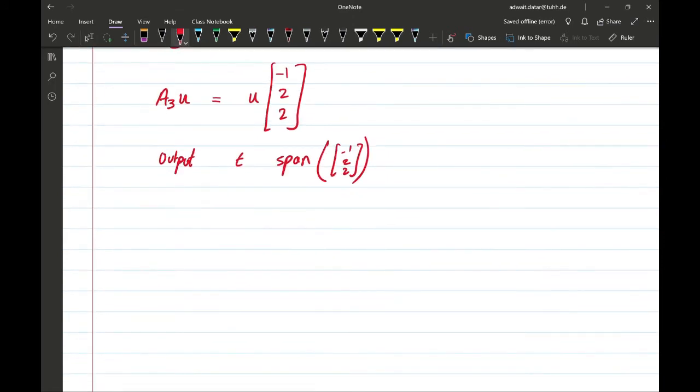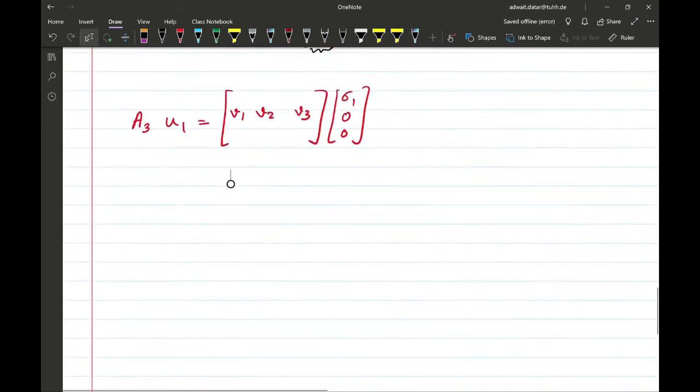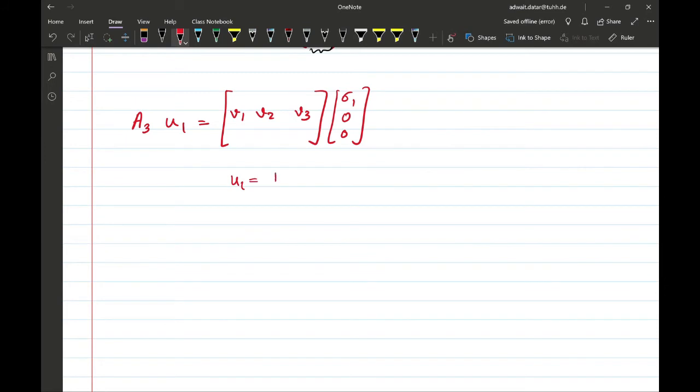So now let's try to write down the singular value decomposition for A3. We'd have a single u, u1, and three vectors v1, v2, v3. We can pick u1 as 1 because that's just a scalar and we need to normalize it.